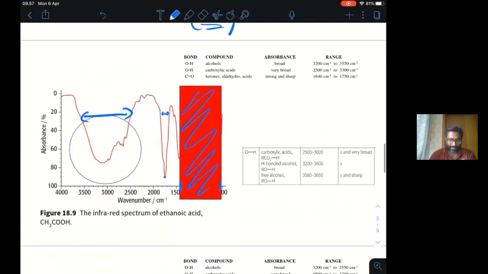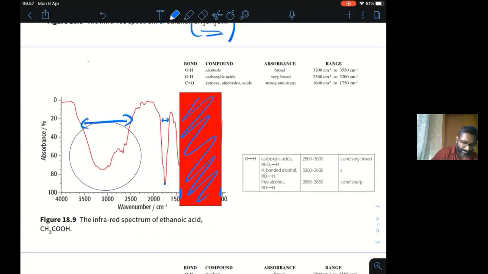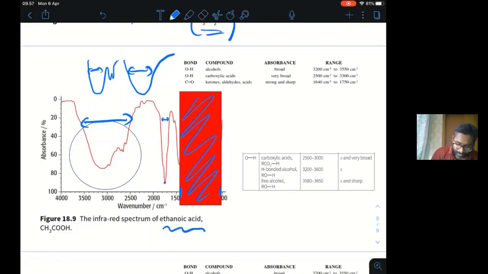Now, if you look at here, similar to the earlier one, but you don't have this. What you have is going to be something like this, very broad, broader than the alcohol, and this one belongs to carboxylic acid. You look at the notes over here, carboxylic acid is going to be very broad. But what you need to remember is the range 2,500 to 3,300.